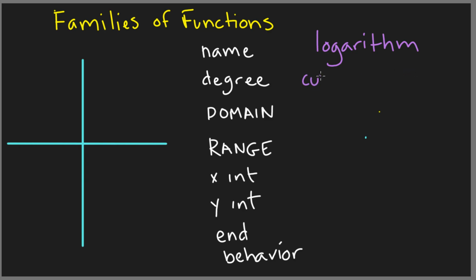We have cube roots, fifth roots, fourth roots, different types of root functions. We have the trig functions: sine, cosine, tangent, secant, cosecant, and cotangent as well, but we will talk about those and their attributes as they come up.